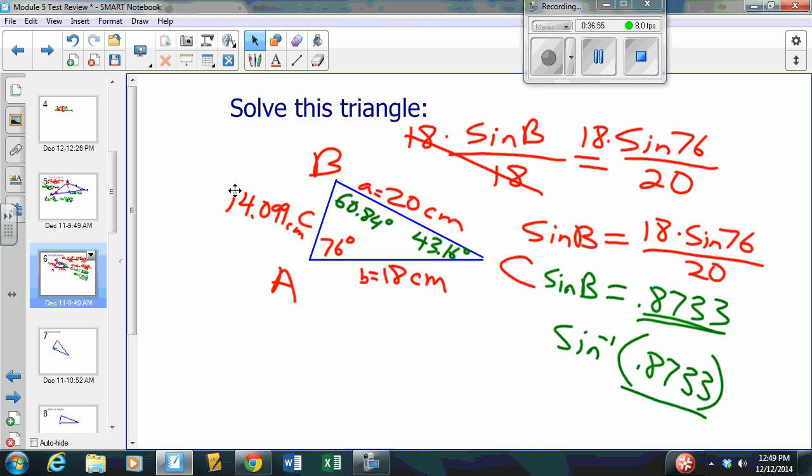So, how many decimal places should we go for? Okay, you guys hear that question Haley was asking? Good question. How many decimal places should you go? On the test, round everything to 2 decimal places, except for when you have to take the inverse. Then I would go at least 4 places. The more you go out, the more accurate your answer is going to be.